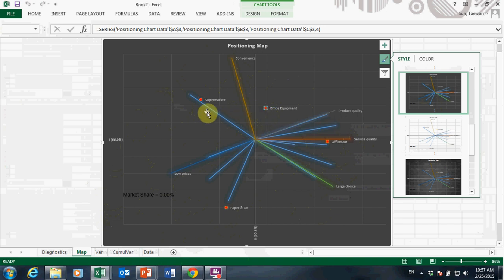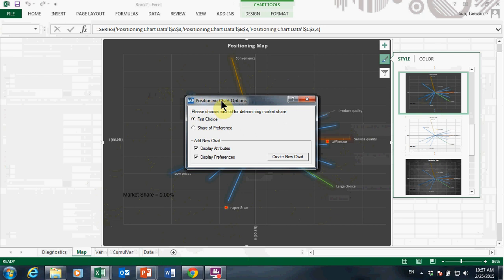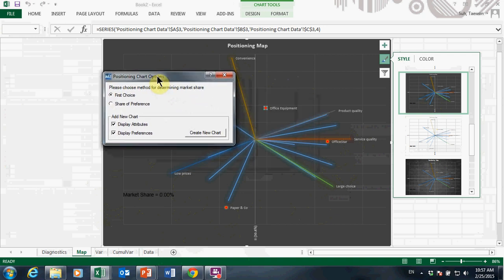And also you can click shift, control, and left click, all 3 things together, and you can see this pop up. We use the first choice rule for the market share figures. First choice rule means the winner takes it all.